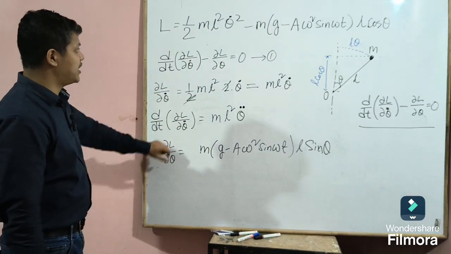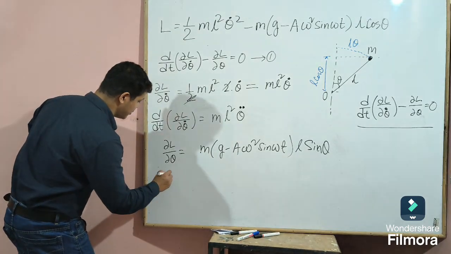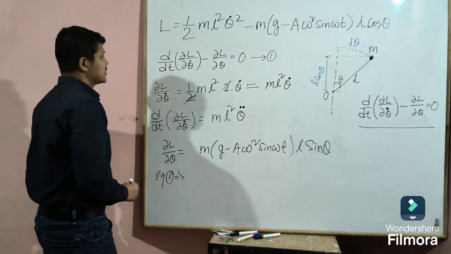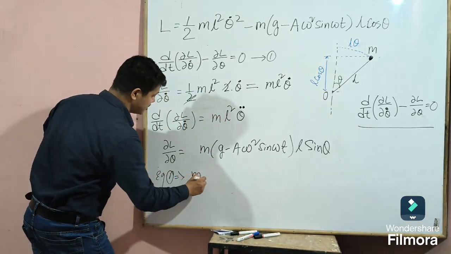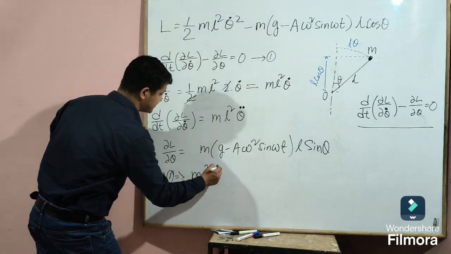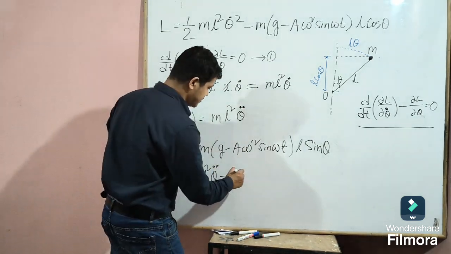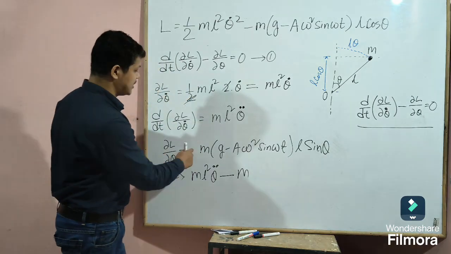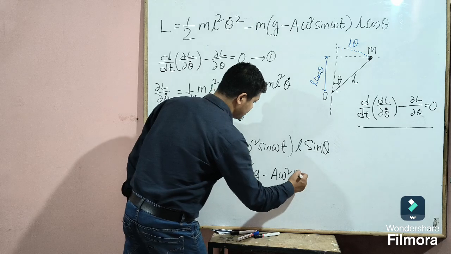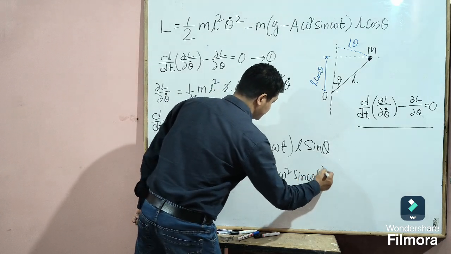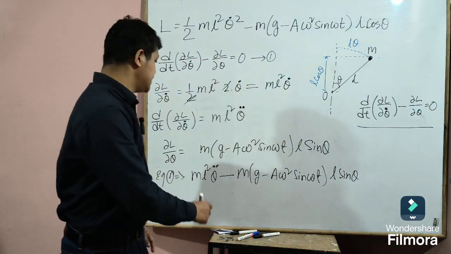Now let's plug in this value here in equation number 1. So what you're gonna have is m l square theta double dot minus del L by del theta, which is m into g minus a omega square sine omega t, times L sine theta, is equal to 0.